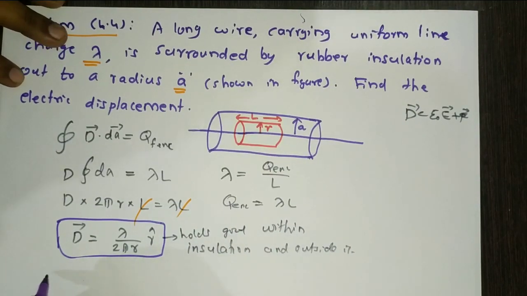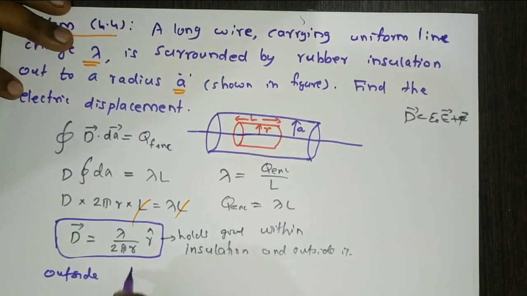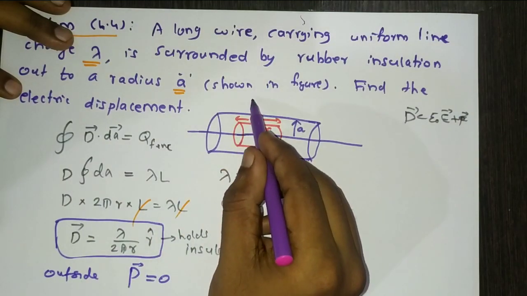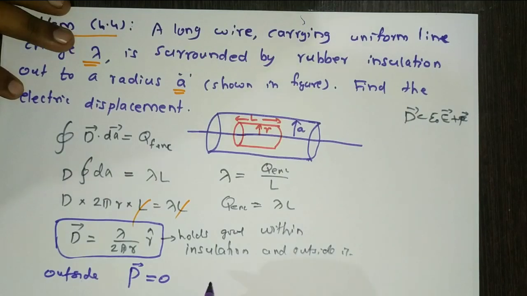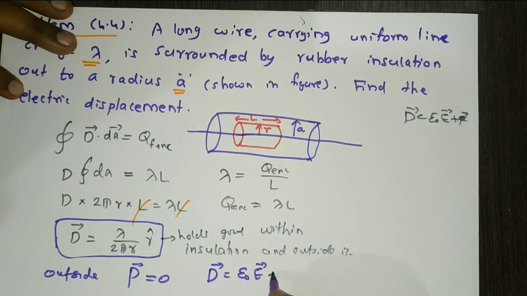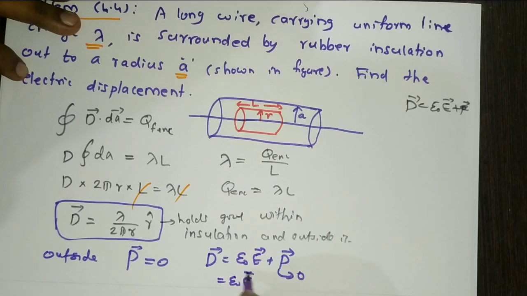But here outside, the polarization P is equal to 0, because there are no charges outside this body. Therefore, the electric displacement vector, which is epsilon 0 E plus P, is epsilon 0 E.